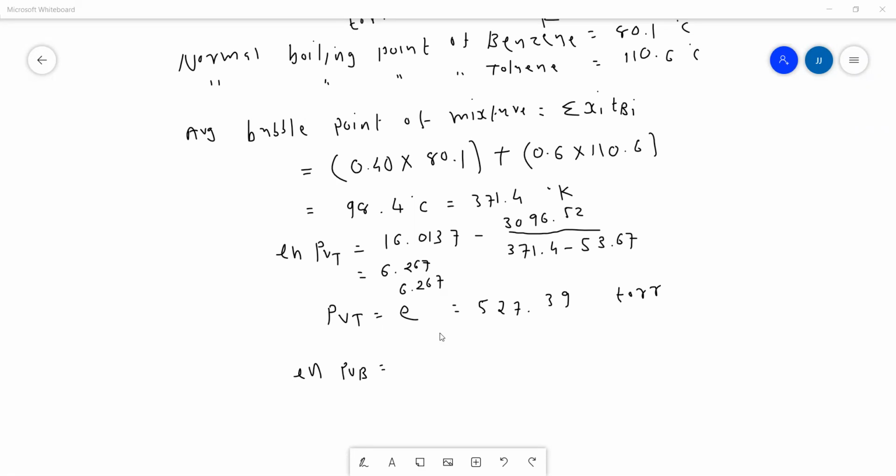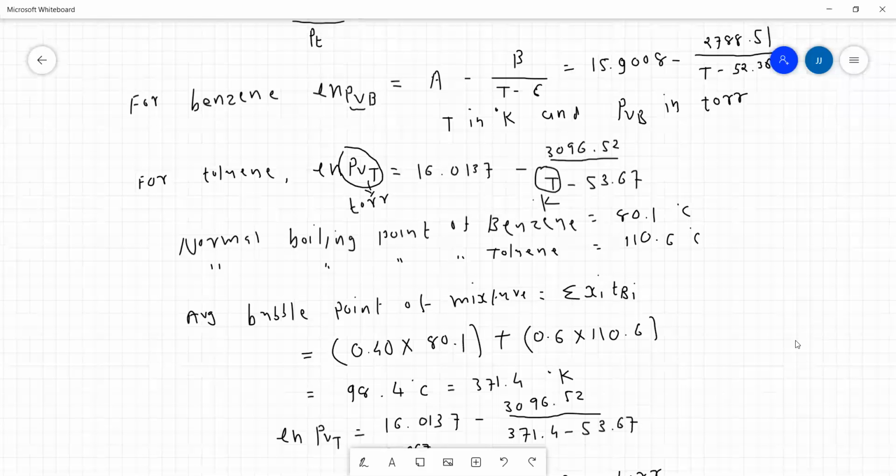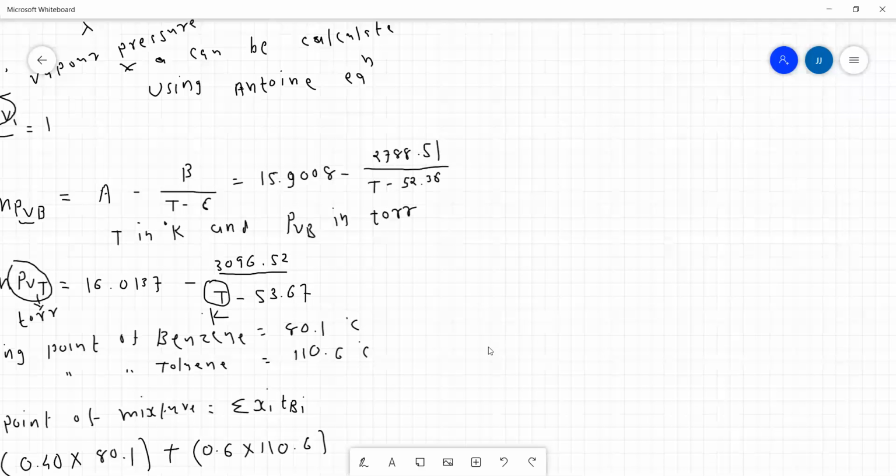Now ln PB, that is the vapor pressure of benzene, is equal to 15, this equation. Let me write it here.